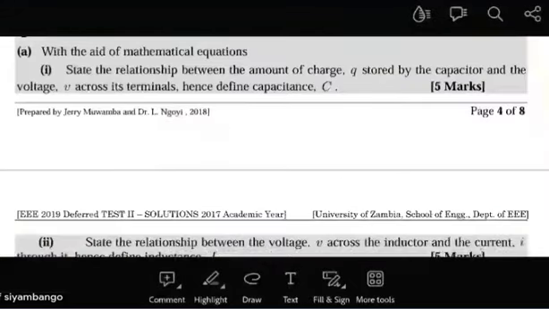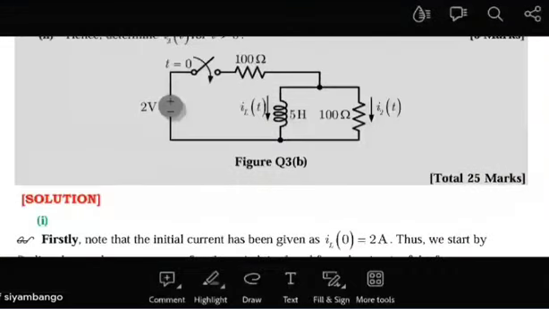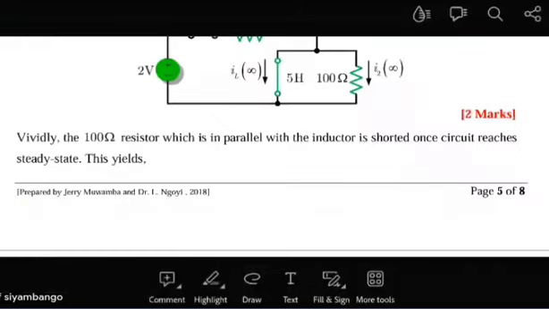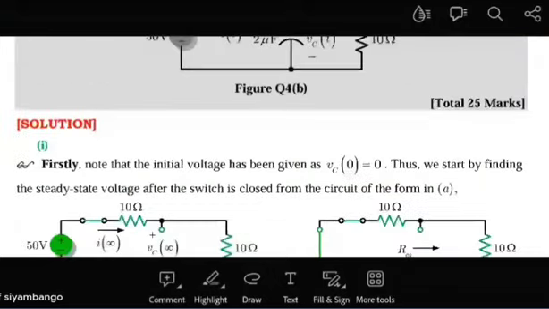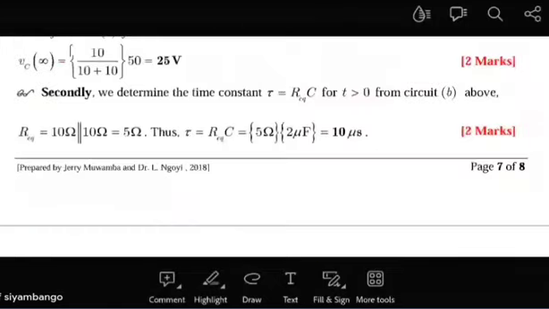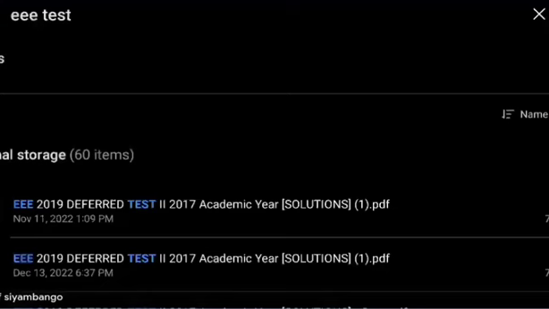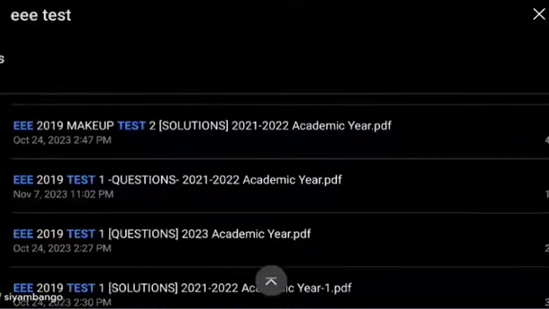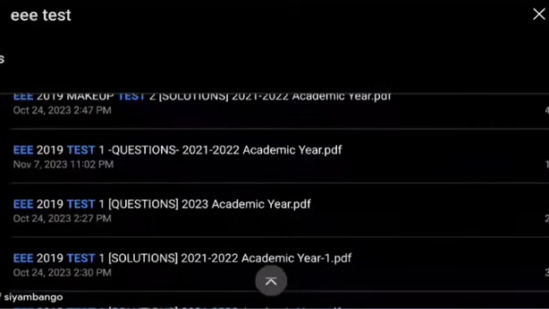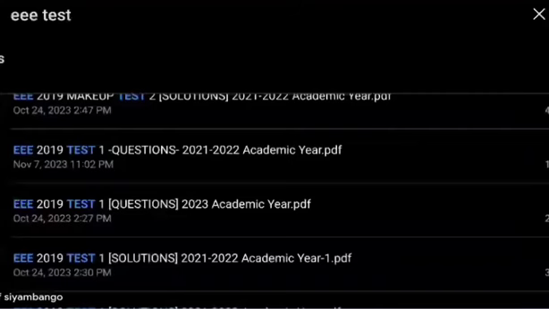Anything else? Like a few weird symbols. Those are going to be inductors later. Okay, so see if we can find more weird things. Not really from test one.